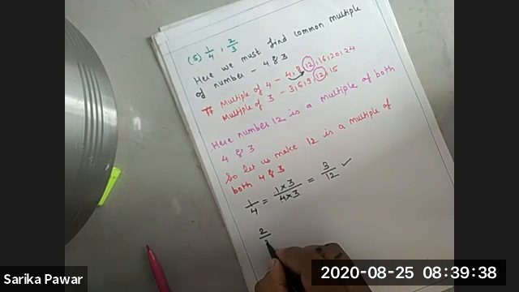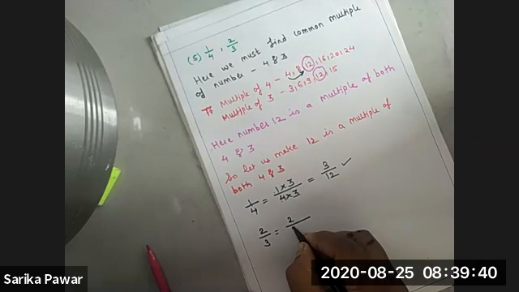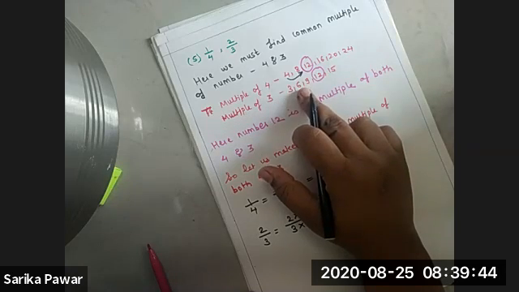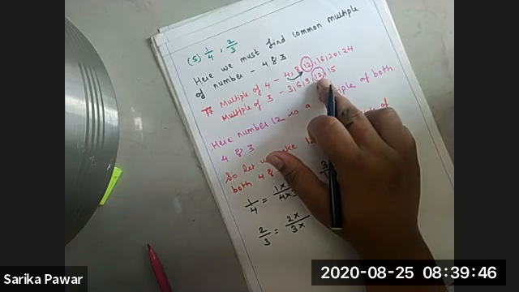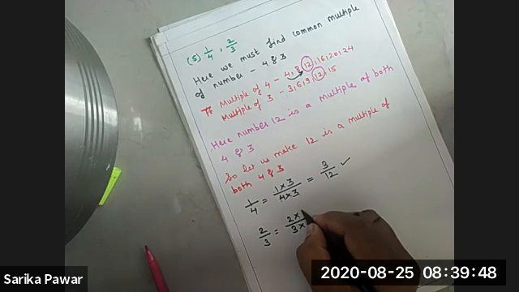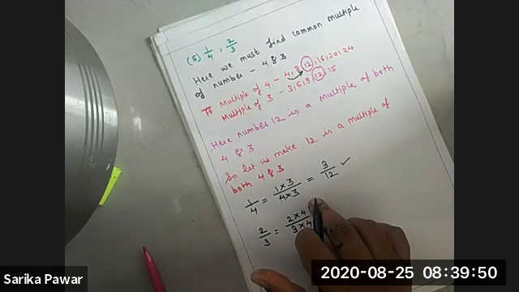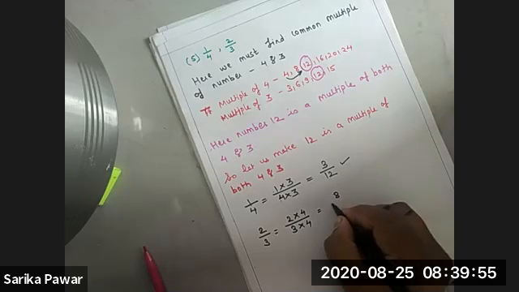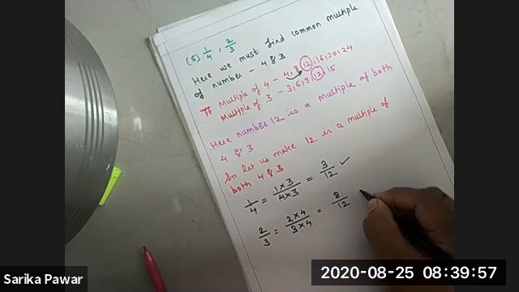Next, 2 upon 3. Now tell me which number we have to multiply here. 3 ones are 3, 3 twos are 6, 3 threes are 9, 3 fours are 12. Multiply by 4. The same number we have to multiply in the numerator. 4 twos are 8, 4 threes are 12.